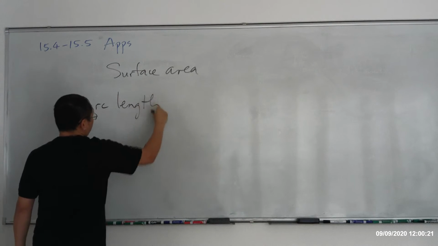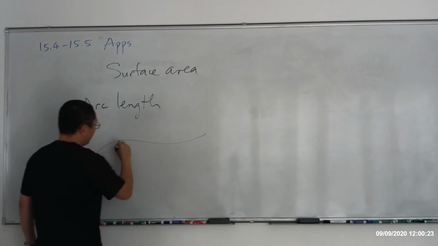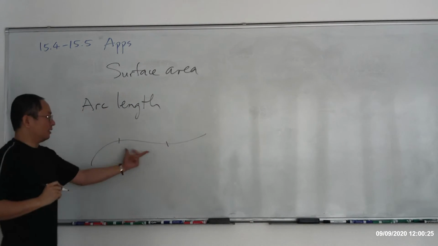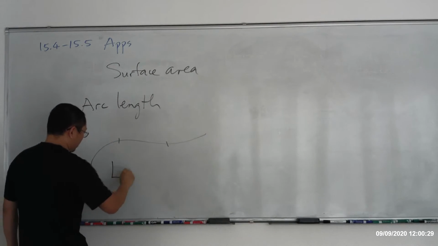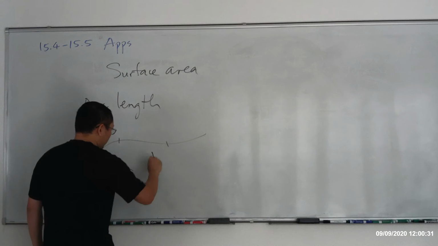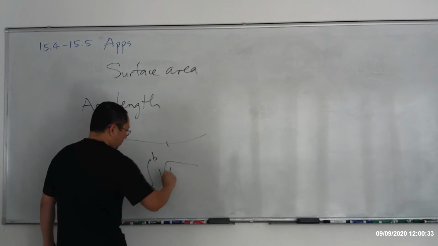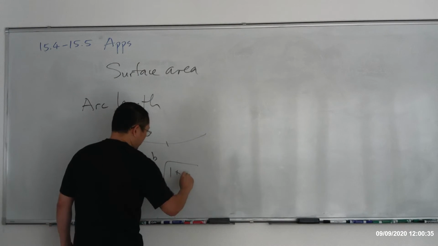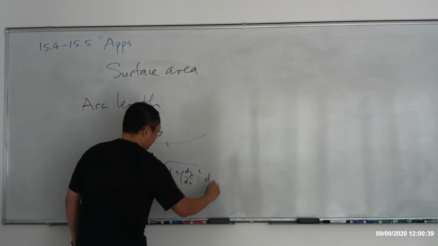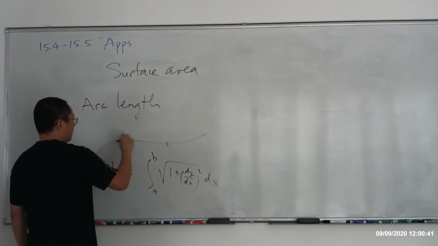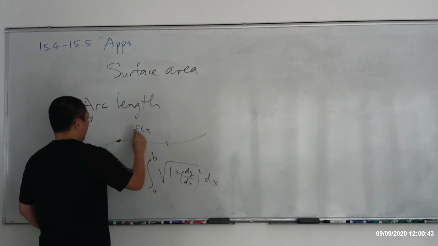Say you have a function and you want to calculate the arc length, just like a little curve on that function. You have a formula in Calculus 1. The arc length is the integral from a to b of the square root of 1 plus f prime squared, or (dy/dx) squared, dx. The function is y equals f of x.